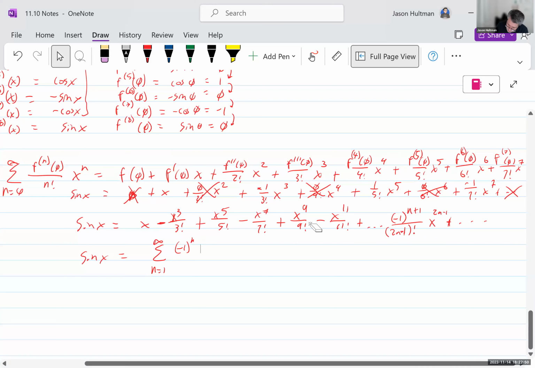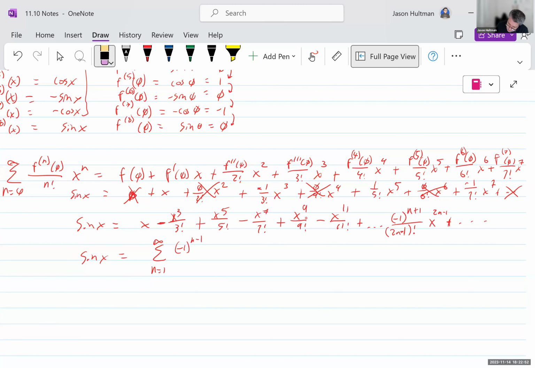Maybe we'll do n minus 1. So we get negative 1 to the 0 power, which is just 1. Because I'm subtracting 1 from everything, I might as well keep it consistent. n minus 1, and then this is all over x to the 2n minus 1 power all over 2n minus 1 factorial.